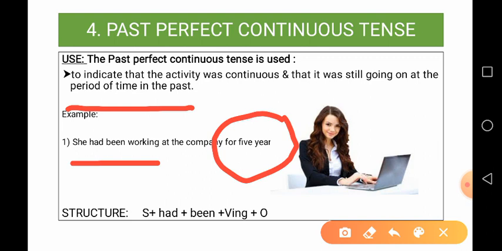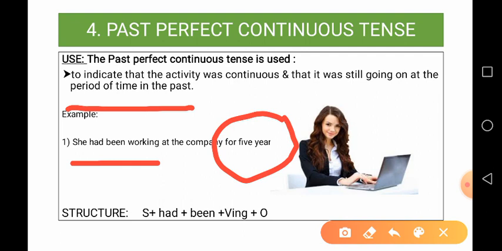These two prepositions are used to express long duration of action. Here, she had been working at the company for 5 years, means the work was there for 5 years, means she was doing work for a period of time.